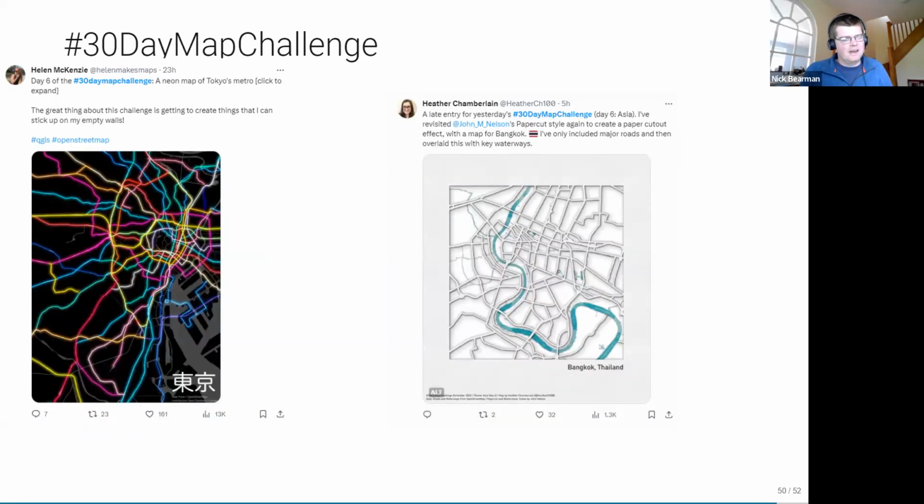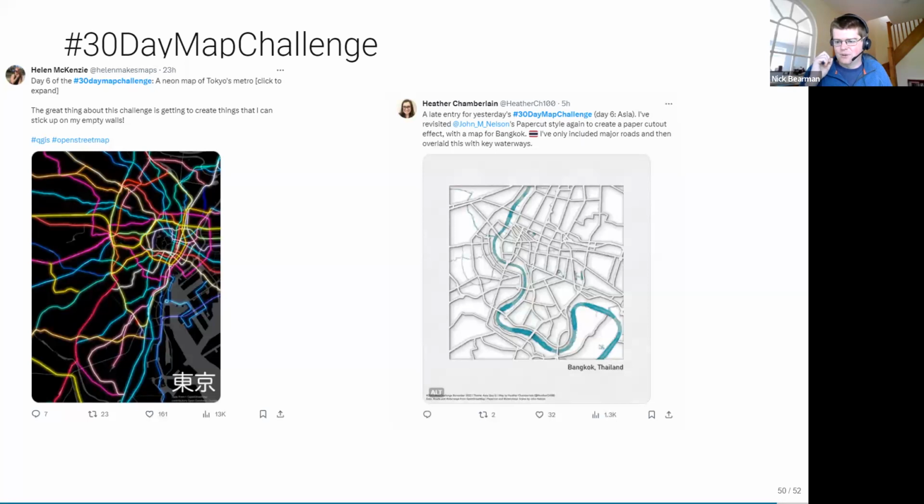Particularly now, every November, there's something called the 30-day map challenge, which is run on social media. The idea is anyone can create maps and post them online with this hashtag. And people share hints and tips and good resources for data and cartography and all the rest of it. These are a couple of examples.